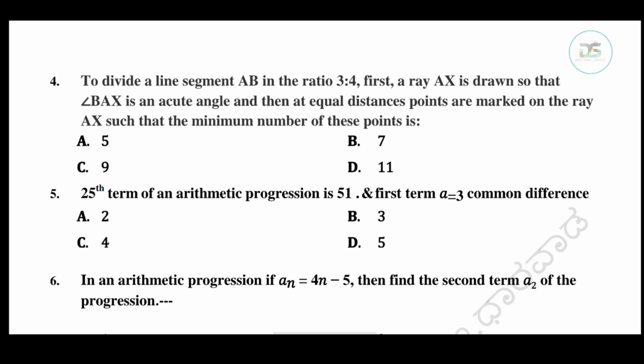Next question. 25th term of an arithmetic progression is 51 and first term a is equals to 3. Common difference is. Options are 2, 3, 4, 5. The right answer is option A. So now let's see the solution.